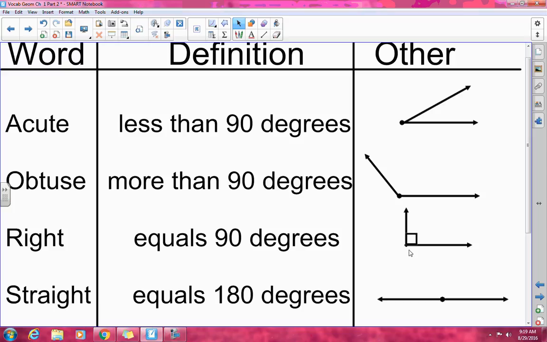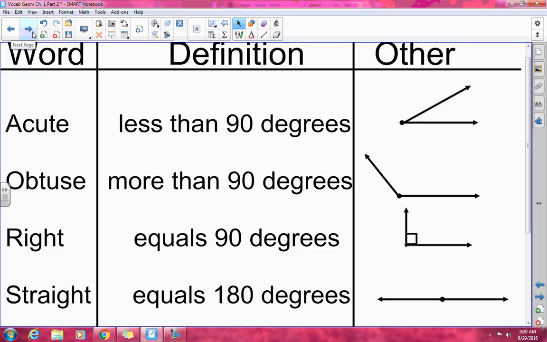If you see that box at an angle, you know that the measure of that angle is 90 degrees. And finally, we have a straight angle, which is made of two opposite rays. So one ray is going this way, and there's a ray going in the opposite direction. So two opposite rays. This is 180 degrees. That is called a straight angle.